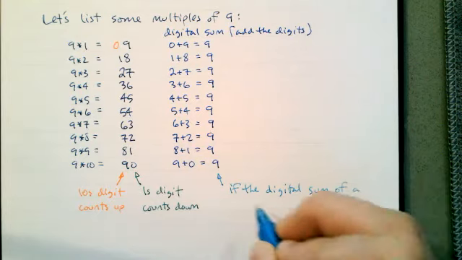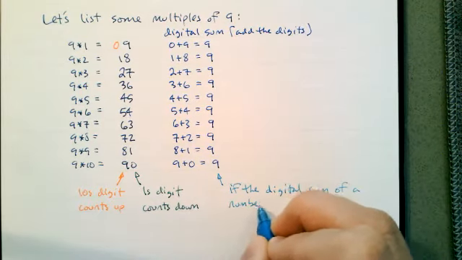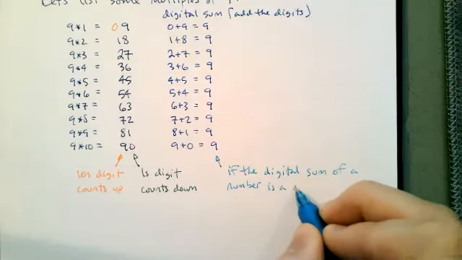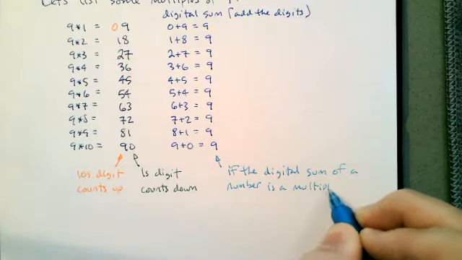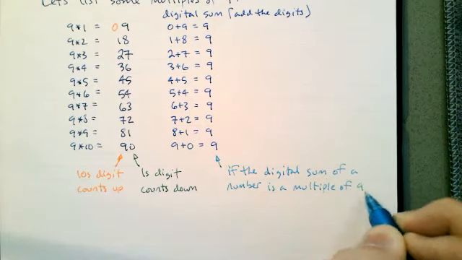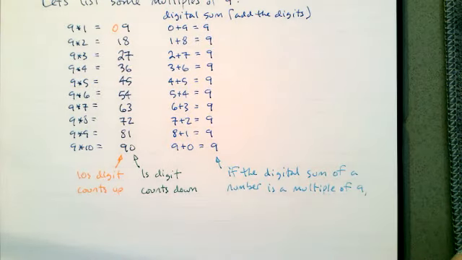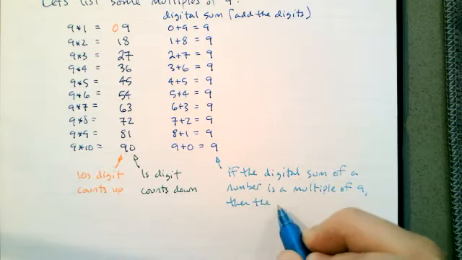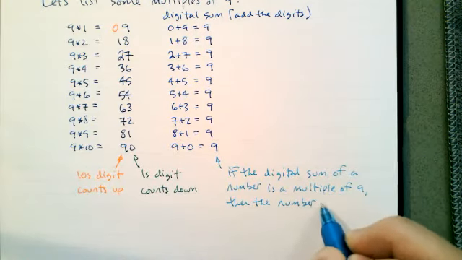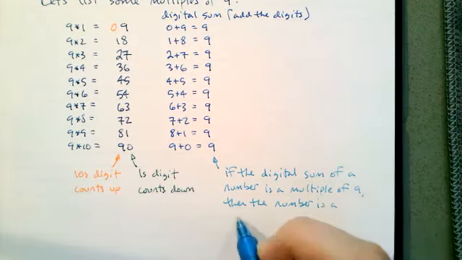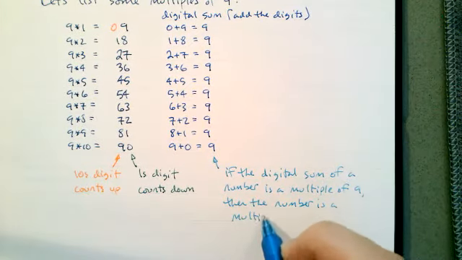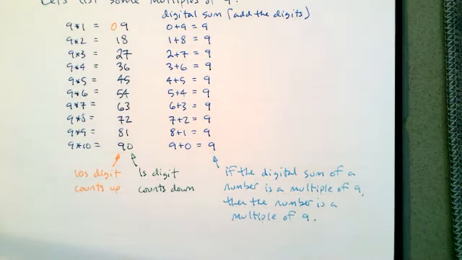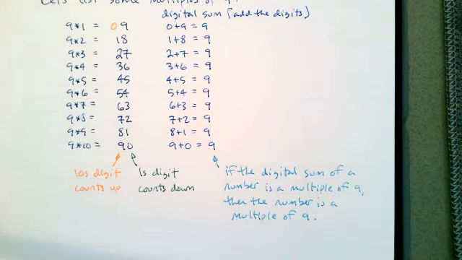If the digital sum of a number is a multiple of 9, then the number is a multiple of 9.